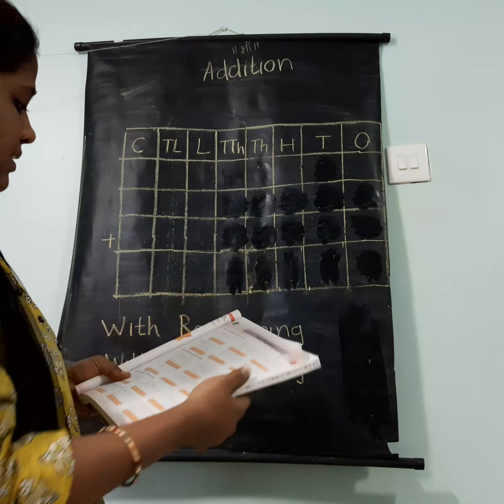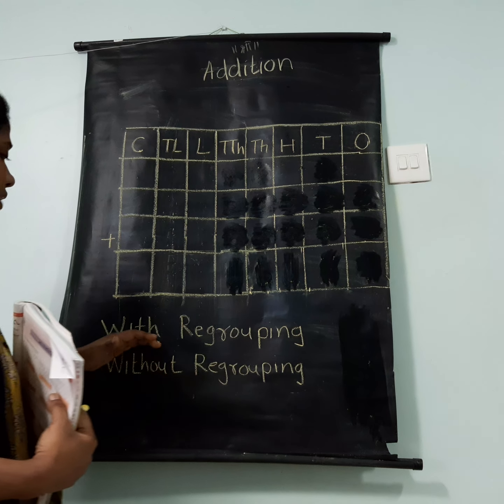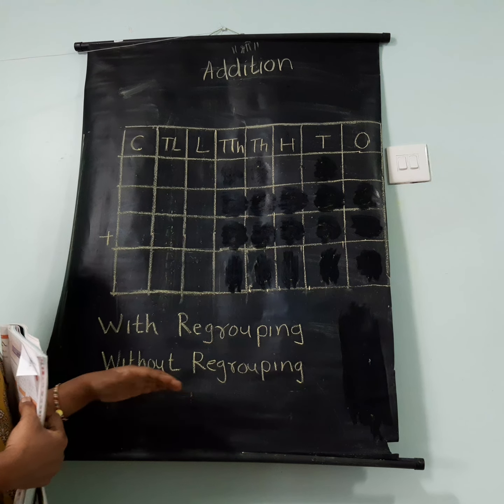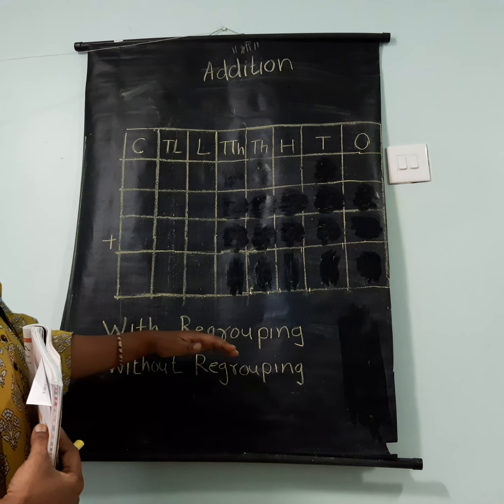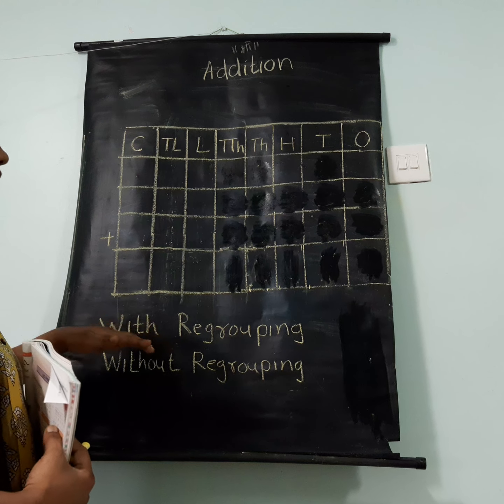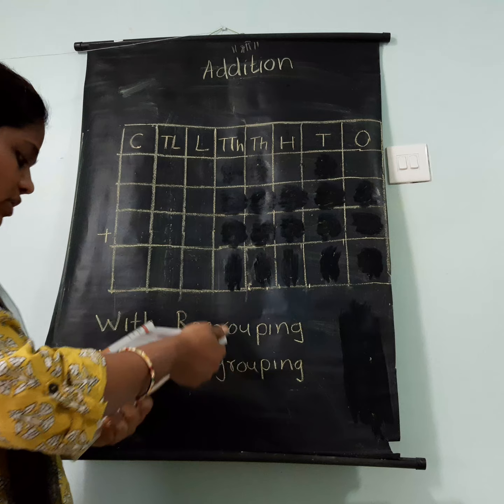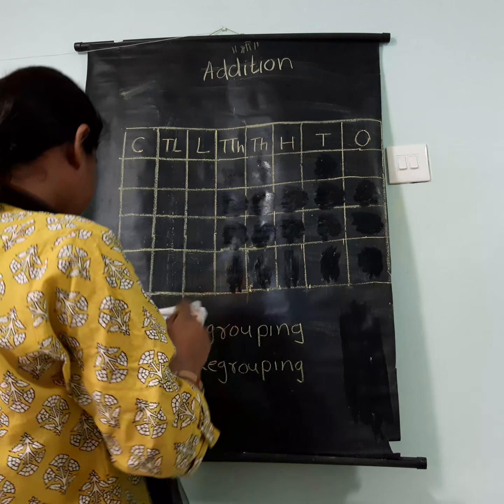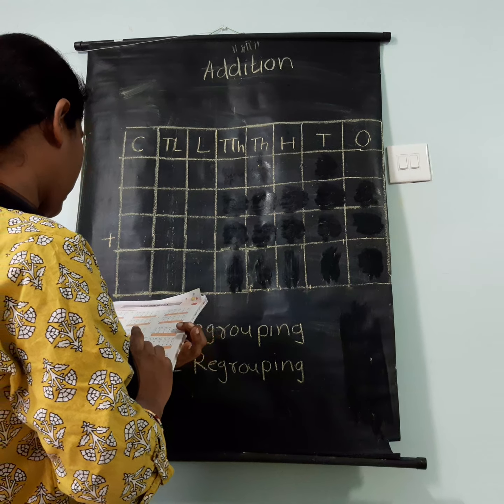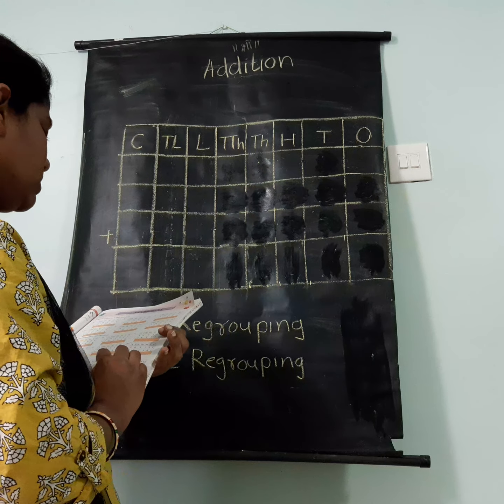Now we will take one more example of a 6-digit number. See, without regrouping is very easy. The only problem is with regrouping. So we will focus more on with regrouping. Okay, so I'll take one more example of 6-digit addition.